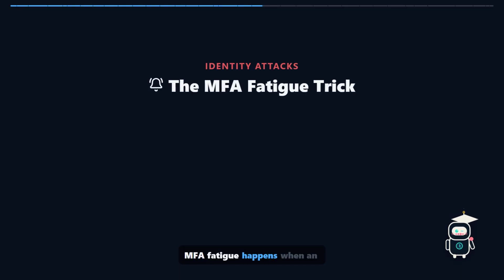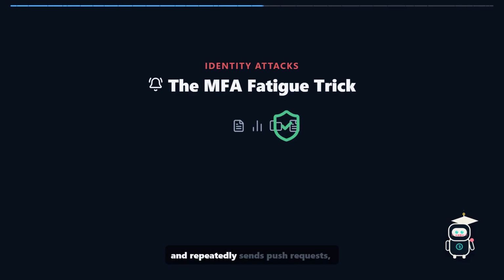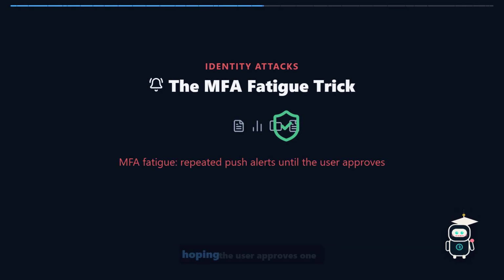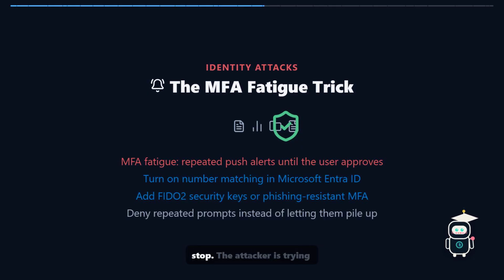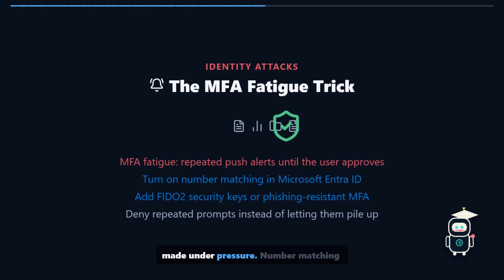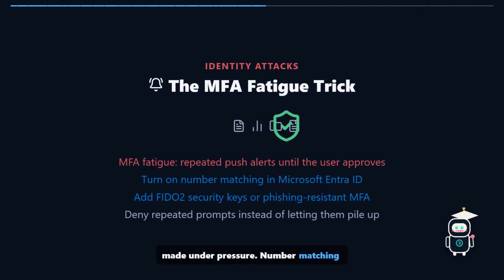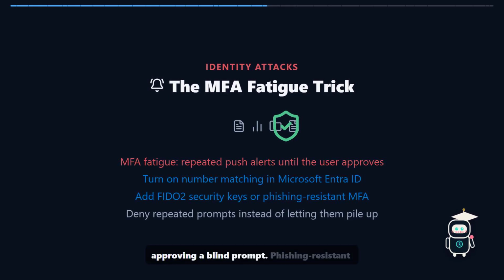MFA fatigue happens when an attacker already has a password and repeatedly sends push requests, hoping the user approves one just to make the prompt stop. The attacker is trying to turn a strong technical control into a human decision made under pressure. Number matching helps because the user must enter a number shown on the sign-in screen rather than approving a blind prompt.